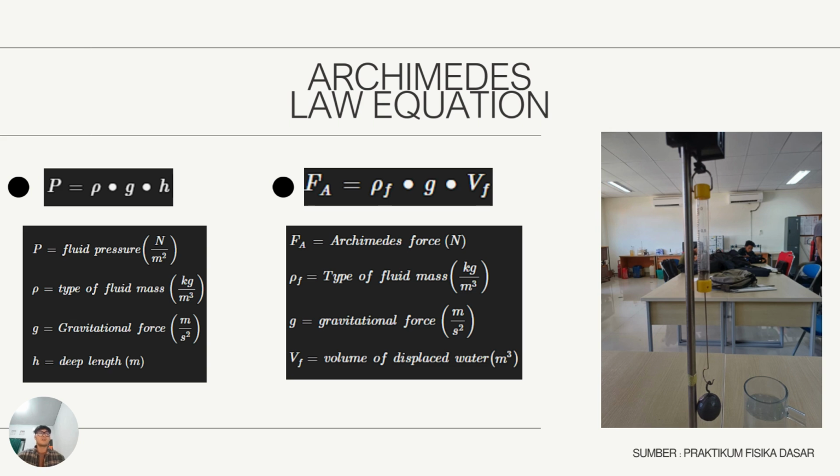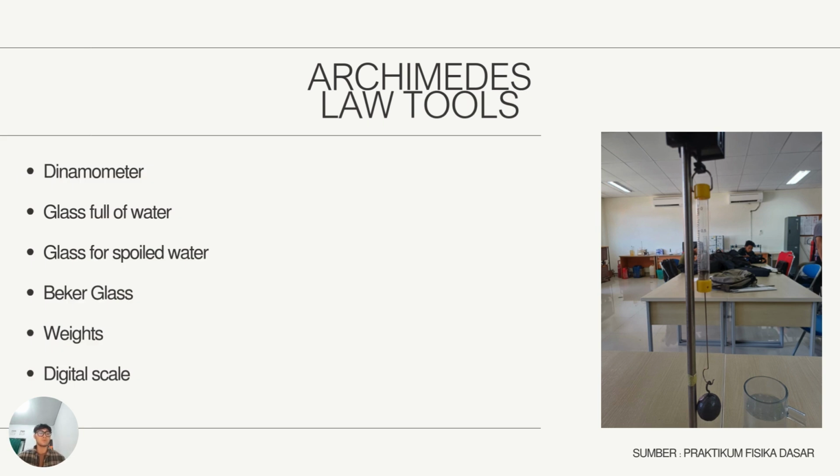Rho f is the fluid density in kilograms per cubic meter, g is gravitational acceleration in meters per second squared, and Vf is the volume of displaced water in cubic meters.